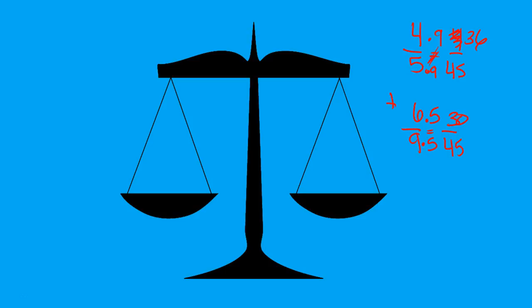If you add to one, you have to add to the other. I would never do this. I would never say, well, I'm going to multiply this by 5, but I'm going to divide this by 5. That wouldn't work either. If you multiply the bottom by 5, you have to multiply the top by 5. So here, if you add 5 to one side, you have to add 5 to the other side to keep it balanced.